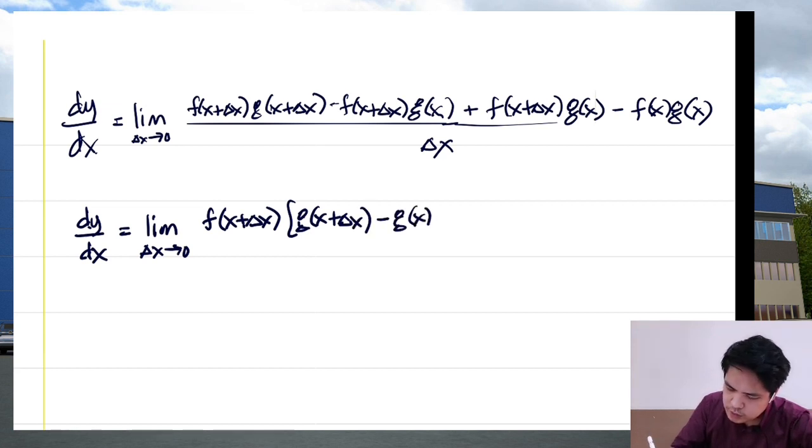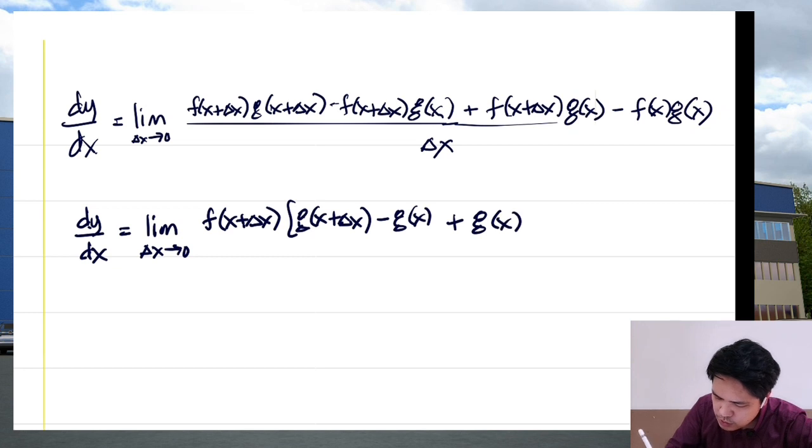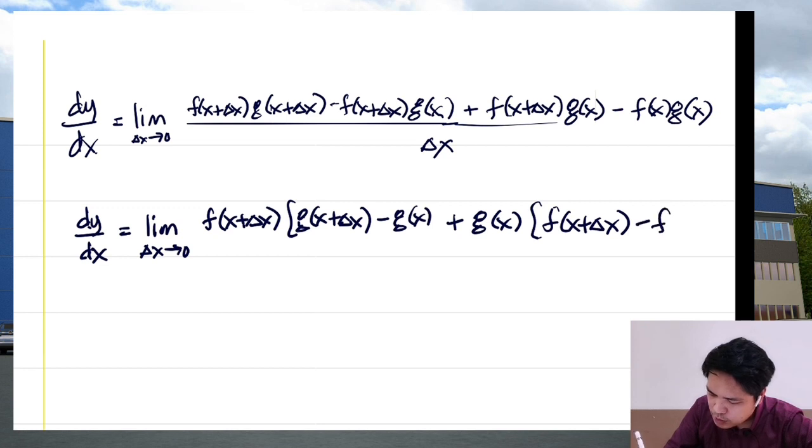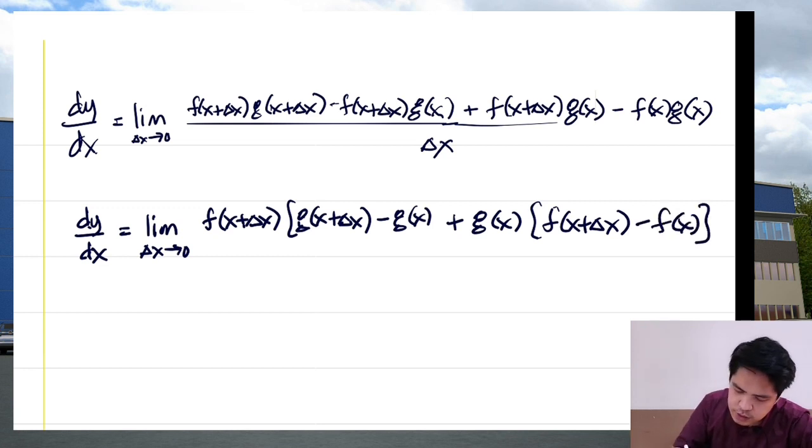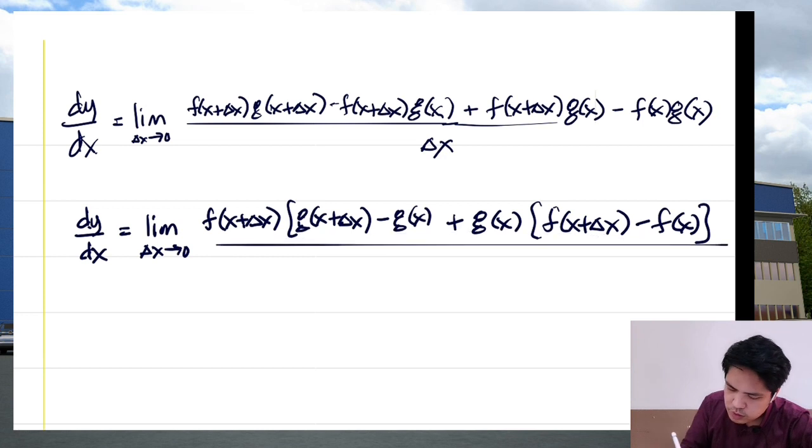Then here, I could factor out g of x. So that would become plus g of x times what remains, which is f of x plus delta x minus f of x. Then divide all by delta x.